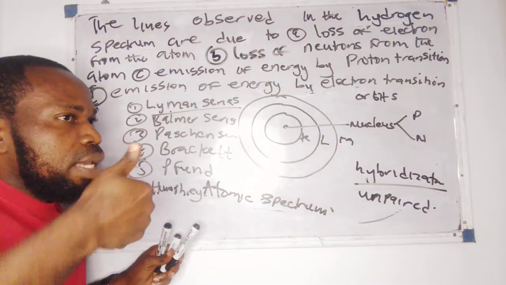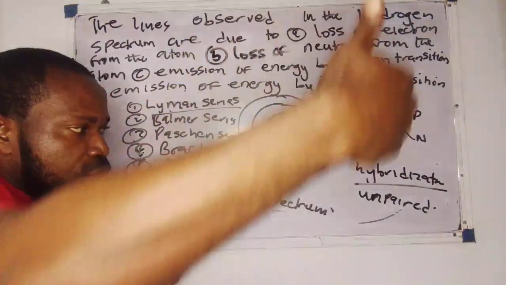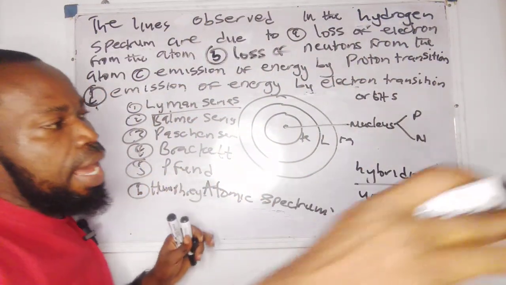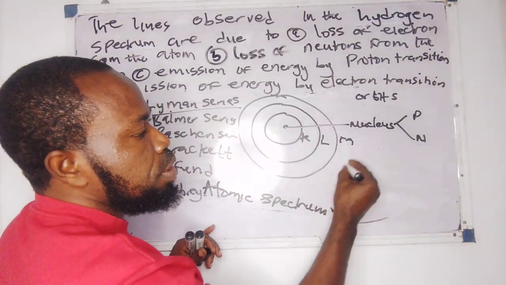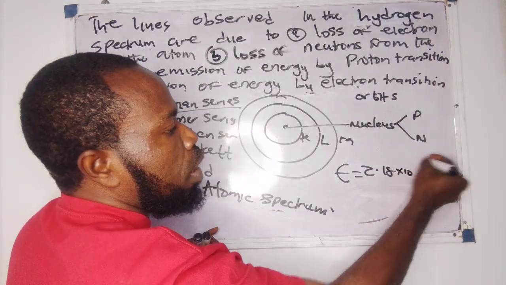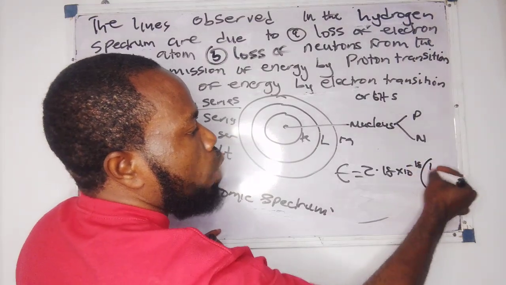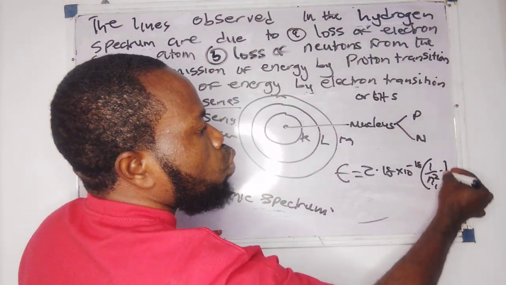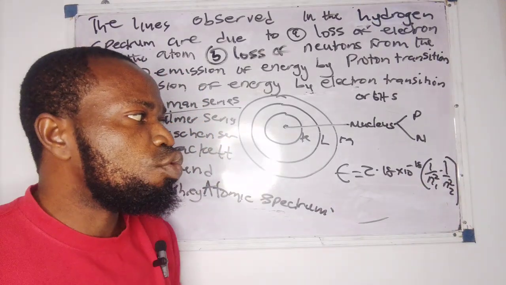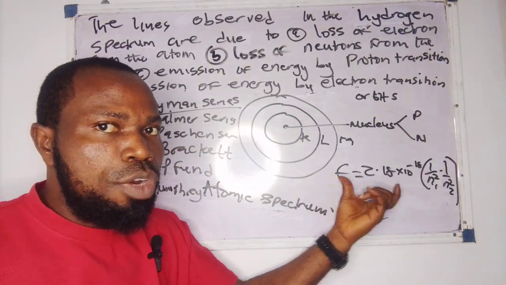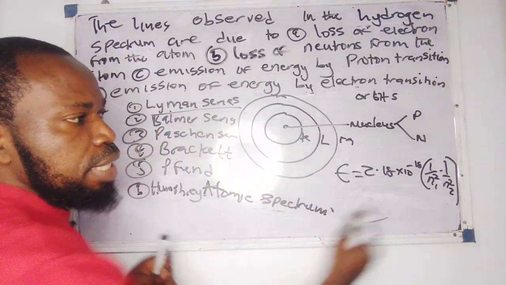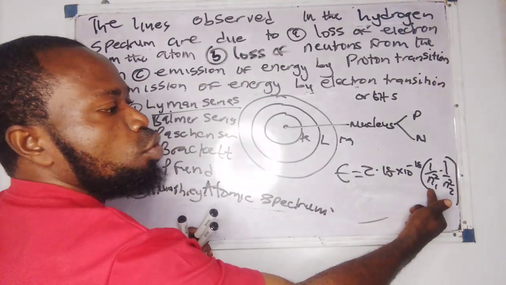In this transition, there's an energy emitted, like we said just now. To calculate that energy, E is equal to 2.18 times 10 raised to the power minus 18, bracket 1 over n1 squared minus 1 over n2 squared. This is used to calculate the energy during atomic spectrum. N1 stands for where the electron is falling to.